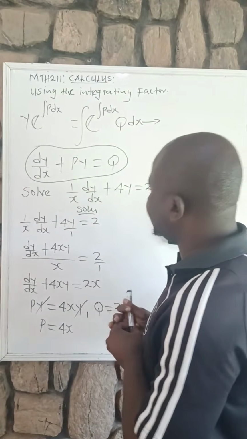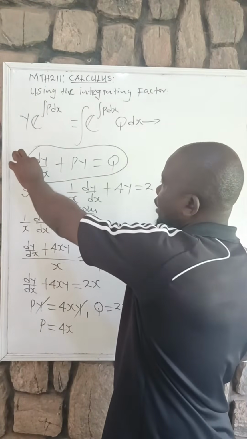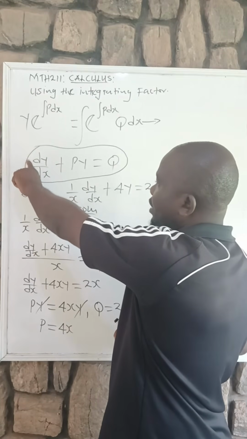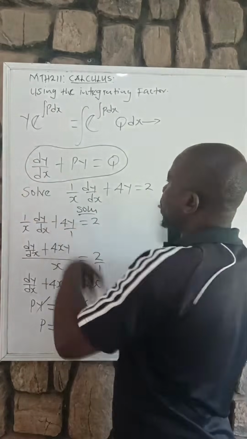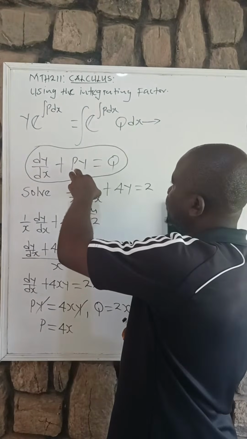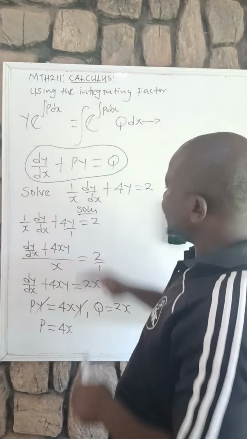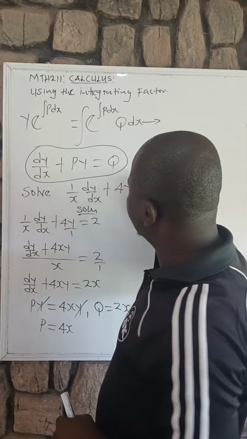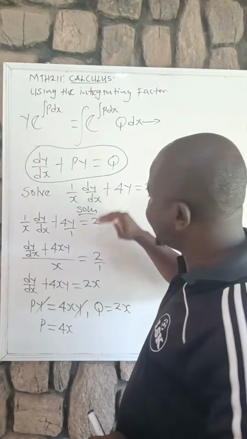Why? Because of this 1 all over x. True or false? Here, there is nothing like a coefficient, nothing like 1 all over x, just plus Py equals Q. So as it is, this first order differential equation is not in order. So we have to put it in order.